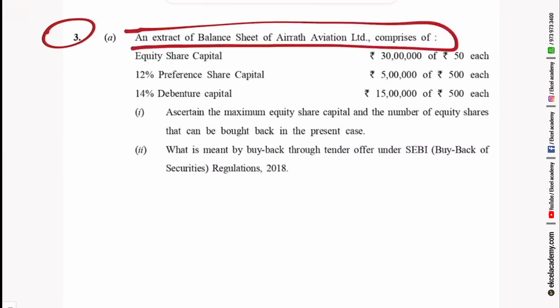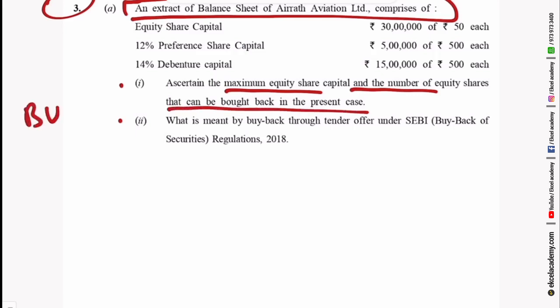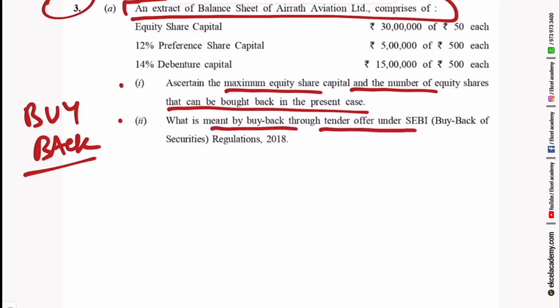Okay. Next. Extract of the balance sheet of so and so company has been given. Now 2 sub questions are there. Ascertain the maximum equity share capital and number of equity shares that can be bought back. So buyback related provisions you should know. What is meant by buyback through tender offer under the buyback regulations of SEBI?